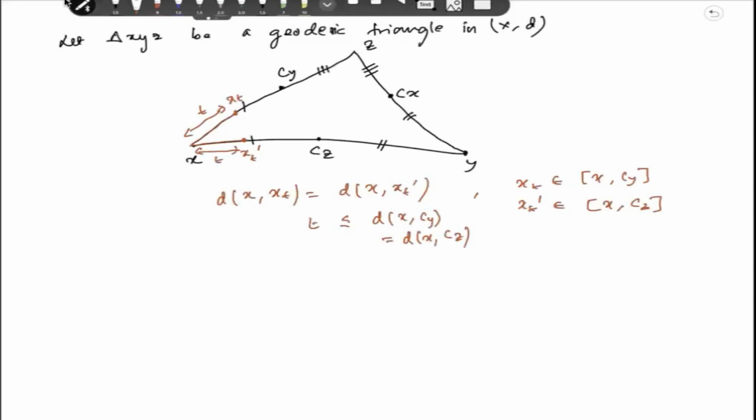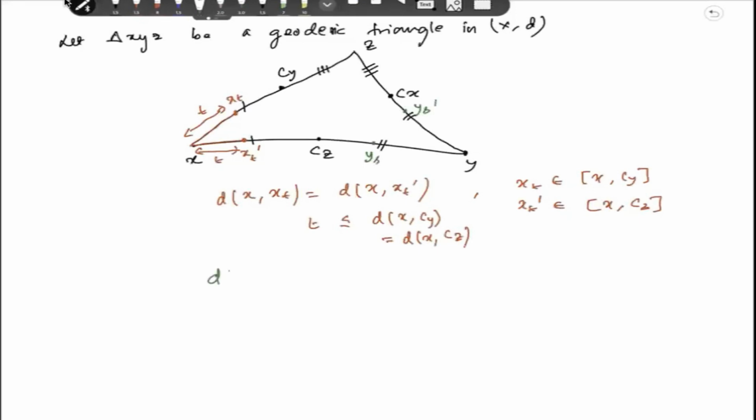Similarly, you'll get points in the geodesic joining Y and Cz and in the geodesic joining Y and Cx. Let us call them Ys and Ys prime.